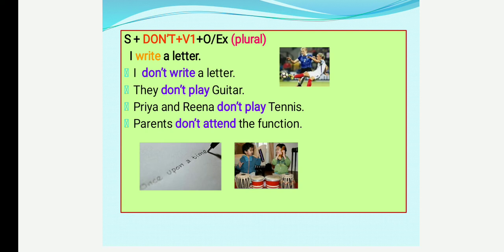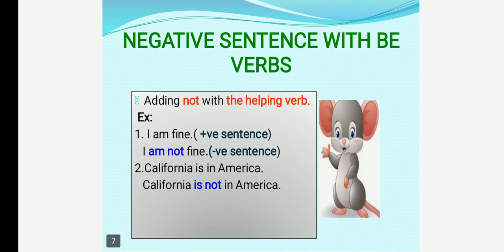Don't write, don't play, don't sing, don't dance, doesn't read. So these are the forms that we are using in a negative form. Doesn't play, doesn't sing, doesn't eat, doesn't compare, doesn't order.